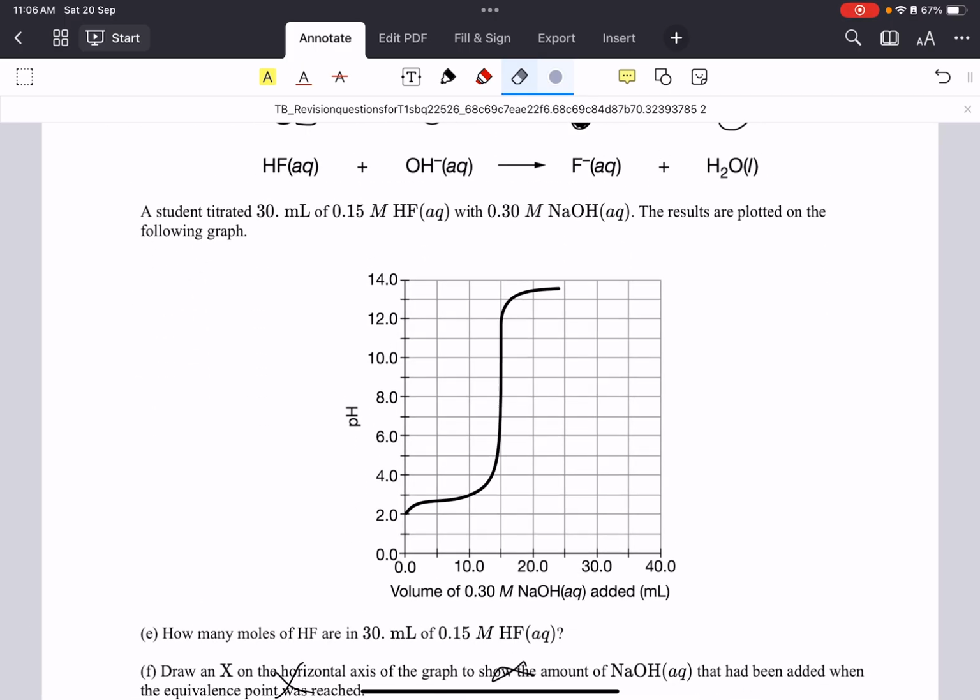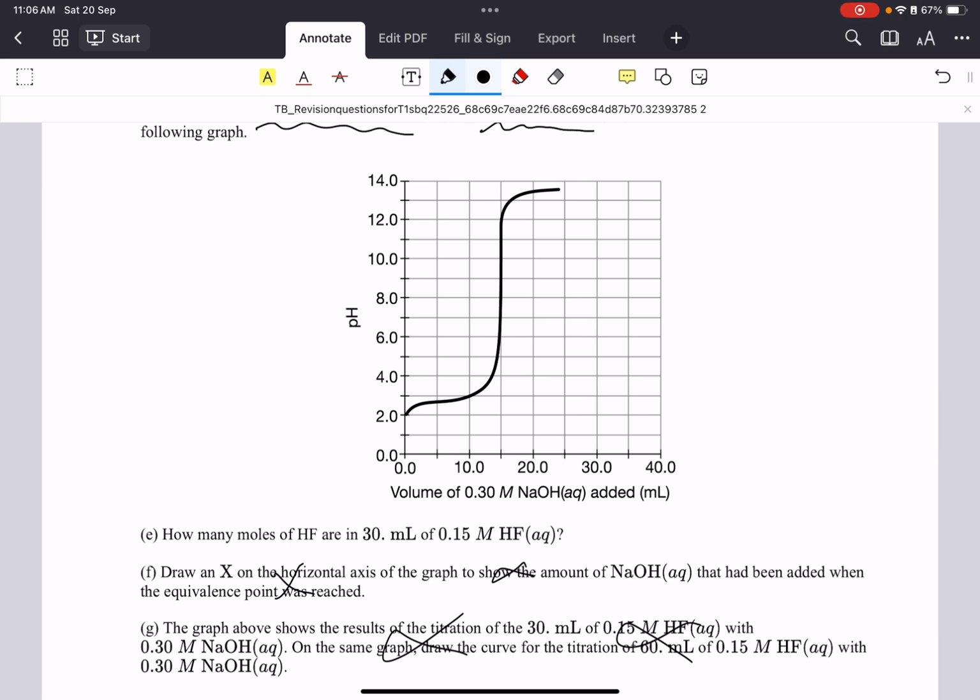Moving on, a student titrated 30 milliliters of this weak acid with 0.30 molar NaOH. The results are plotted on the following graph. How many moles of HF are in 30 milliliters of 0.15 molar HF?